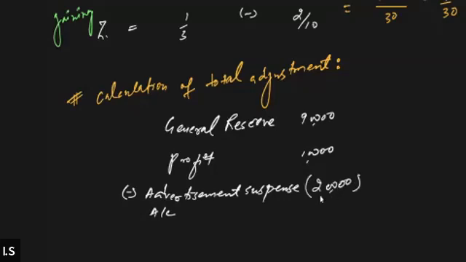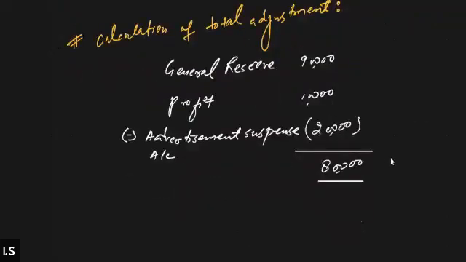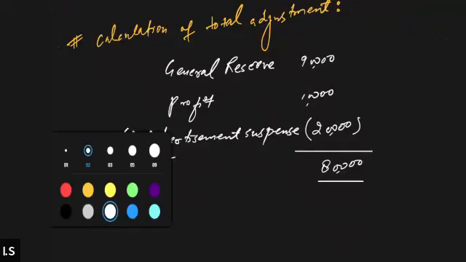After subtracting 20,000 out of the 1 lakh, we will get 80,000. All right, so this is the total value of the adjustment. The value of total adjustment required will be 80,000 only. Now we need to pass the general entries.